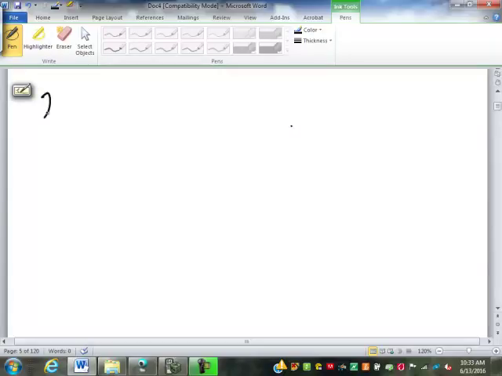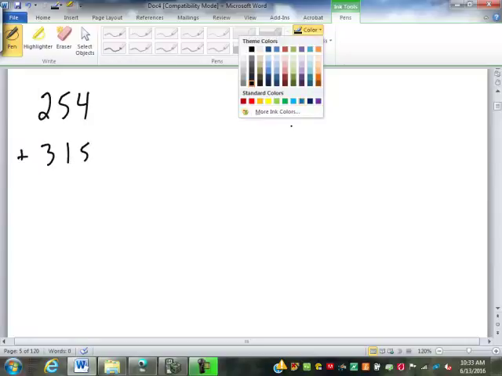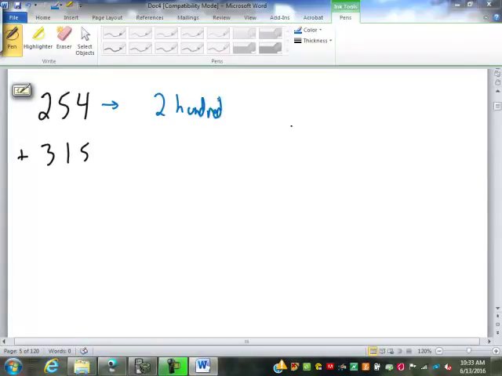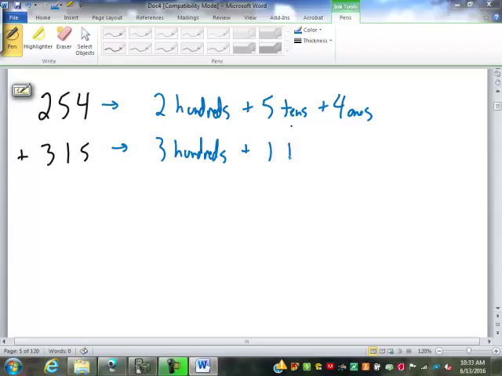If I have 254 plus 315, now we discussed that these are just abbreviations of our numbers. 254 is really 2 100s and 5 10s and 4 1s. 315 is really 3 100s and 1 10 and 5 1s.